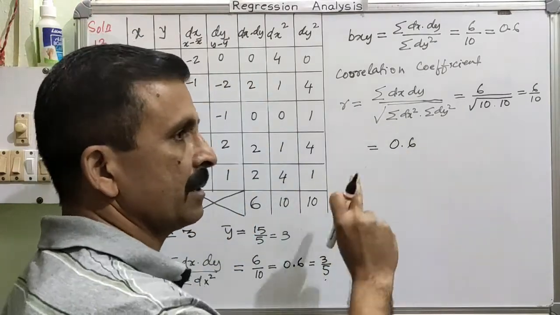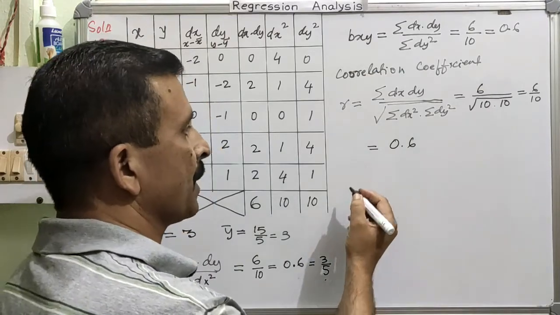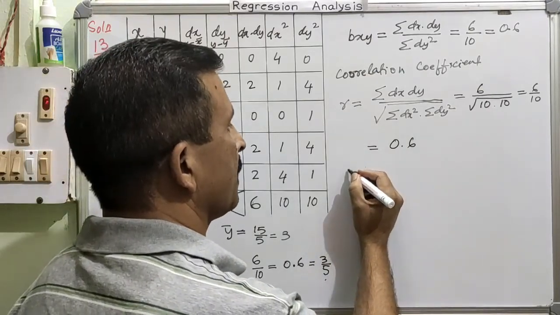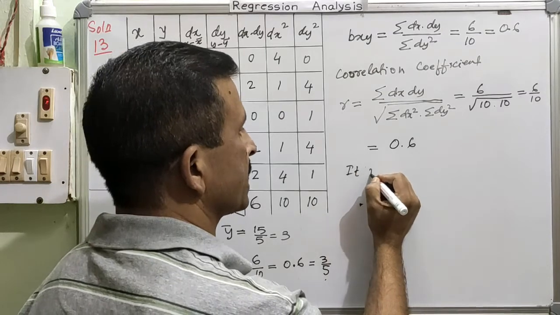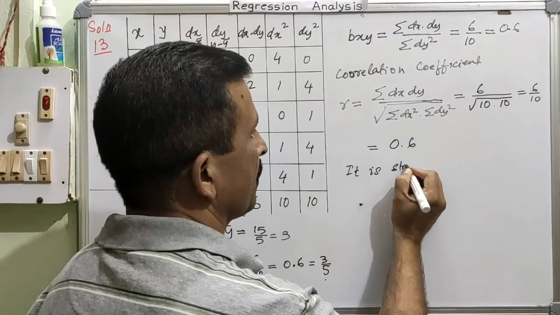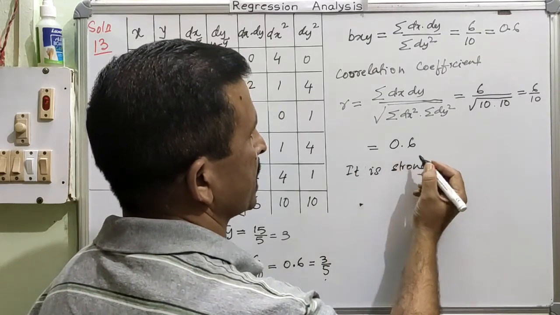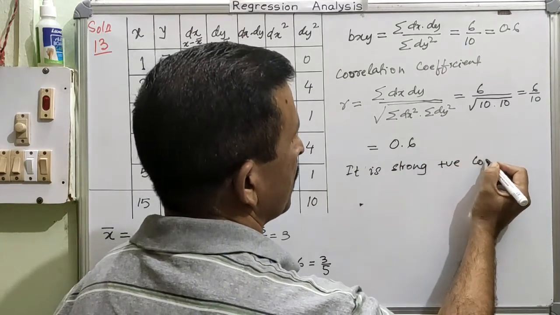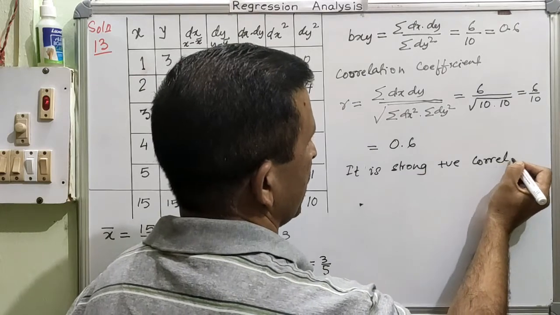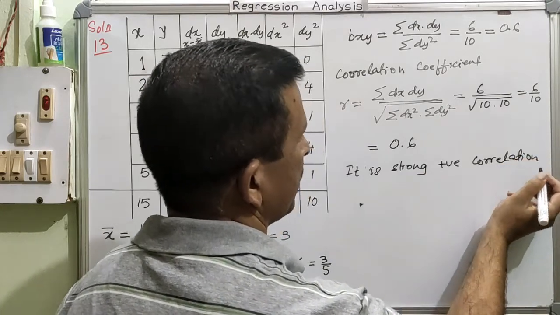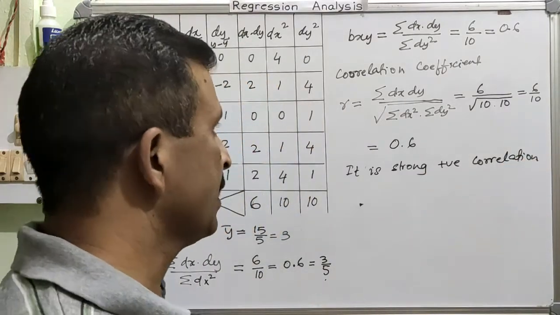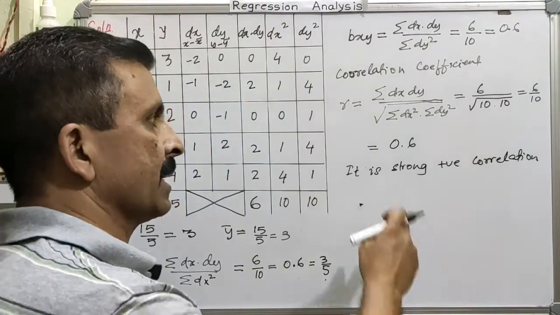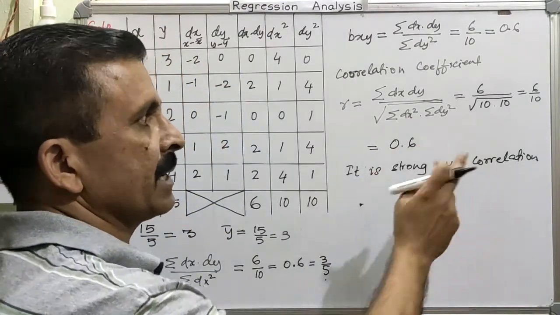Since this is in the second range, we will say that it is strong, and because it is positive, strong positive correlation. Am I understood now? So we are done with the correlation coefficient and its interpretation.